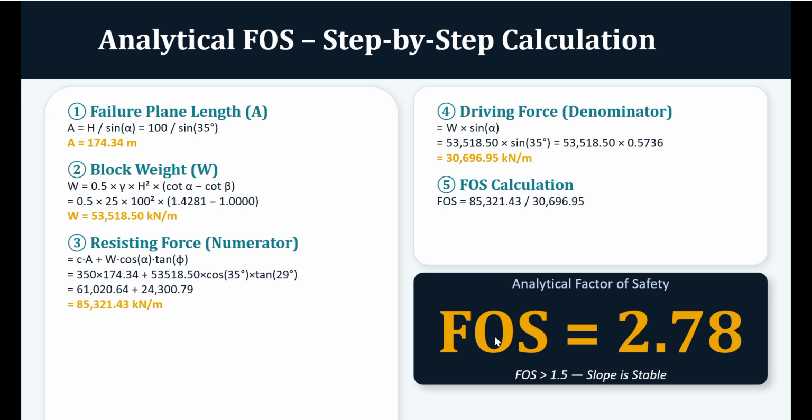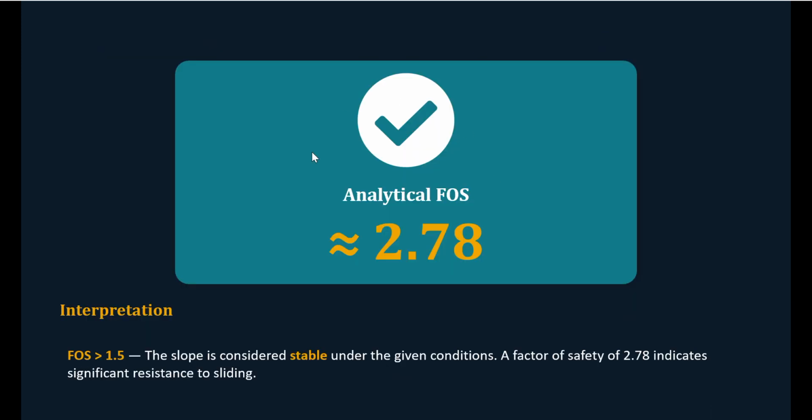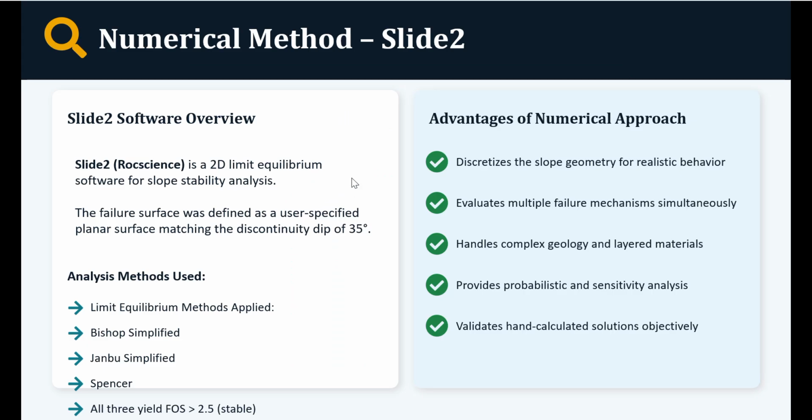Since the factor of safety is more than 1.5, the slope is stable. This is the final output we got from the analytical method, and now we are going to analyze the factor of safety in the numerical method in Slide2 software.